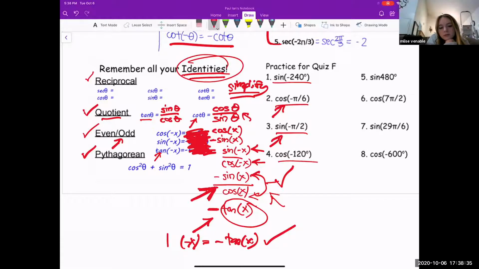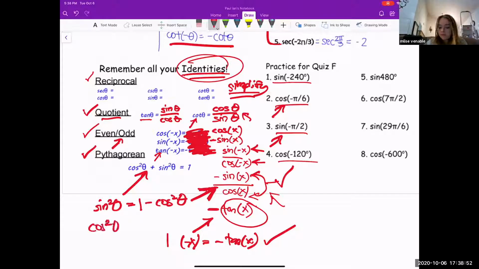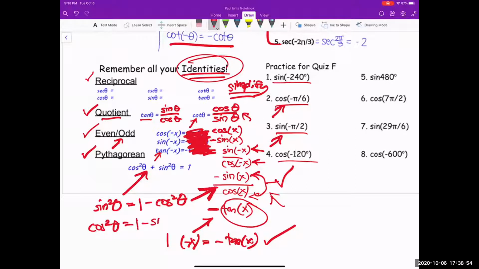Okay, so I guess I'll just say this, but for the Pythagorean theorem, there are other forms of this guy, right? Someone could tell you sine squared. If you see sine squared theta somewhere, it could be 1 minus cosine squared theta, right? The reason why I'm saying this is because oftentimes it's not so obvious that you have to apply a Pythagorean theorem.